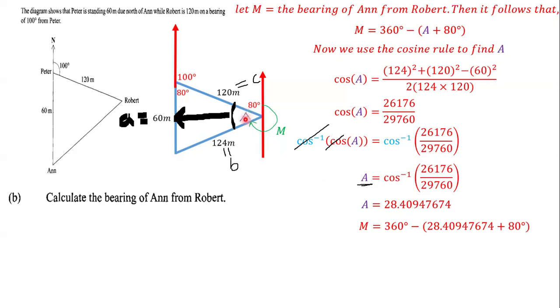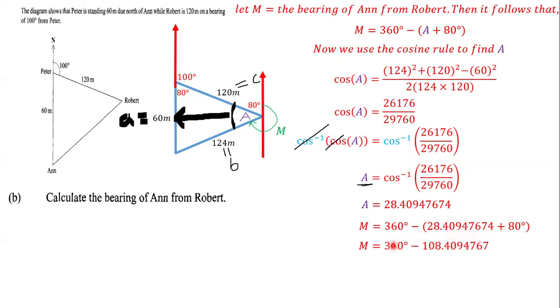We're going to add A to 80, so we have 28.40947674 plus 80 degrees. When we add those two, we get 108.4094764, and that is the sum of those two.